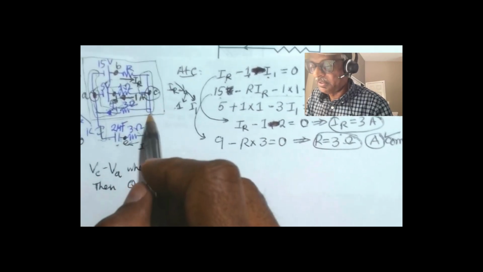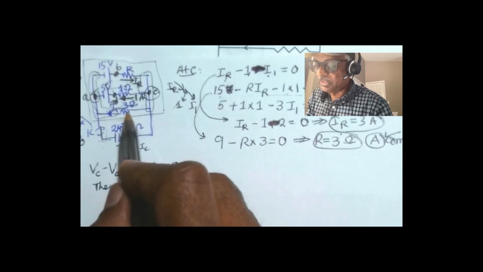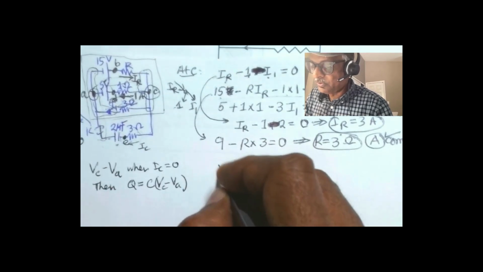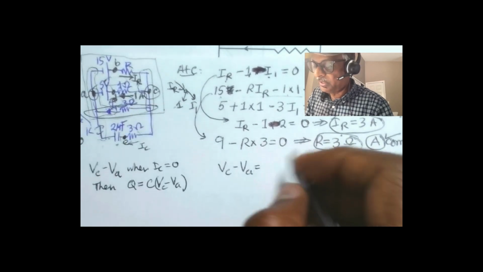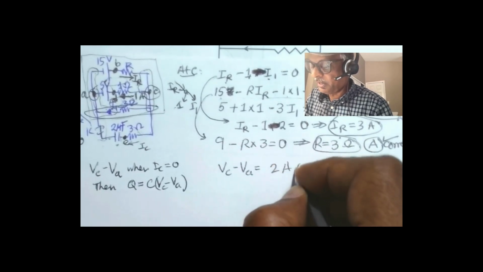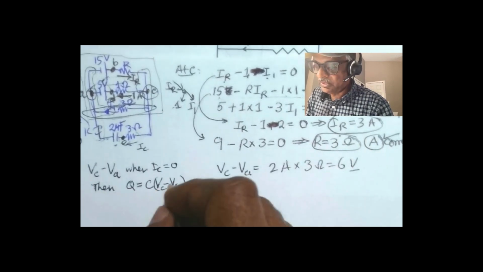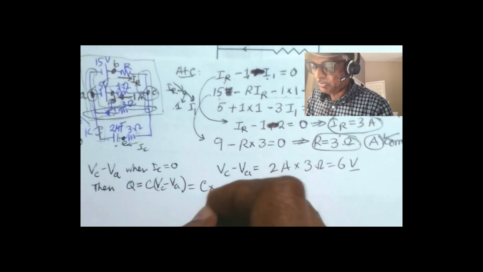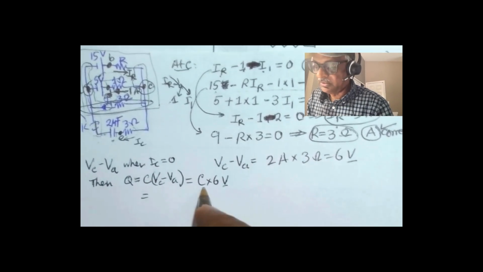So if I figure out what is the amount of current going through, over here it is I1, and I1 is 2 amps, so VC minus VA in this branch is 2 amp over 3 ohm, 6 volt. So this is 6 volt. So C times 6 volt, and C is 2 microfarad.